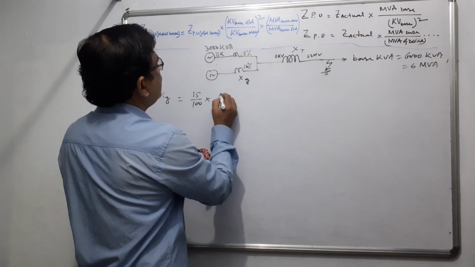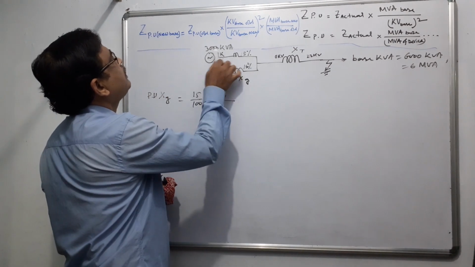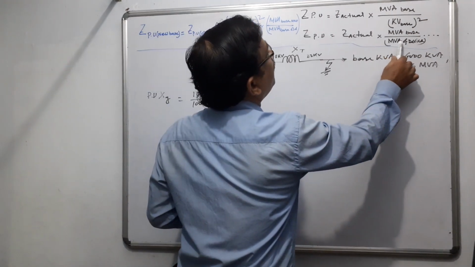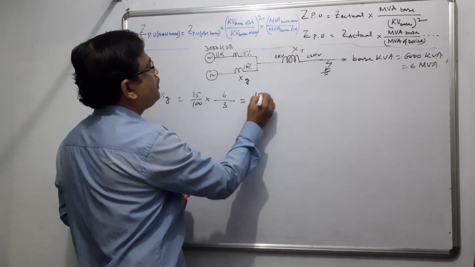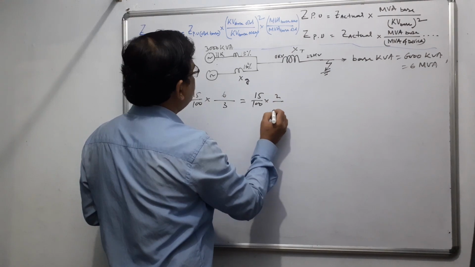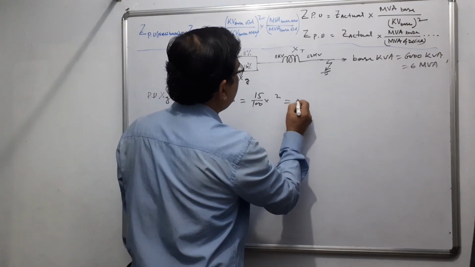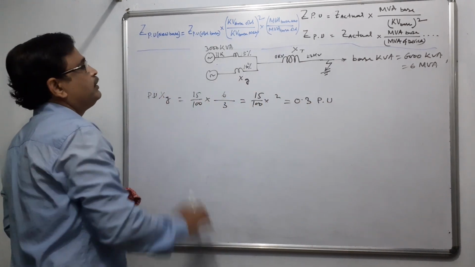Base MVA is 6, the device MVA is 3, so it will be 15 by 100 upon 0.5, which is 0.3 per unit.